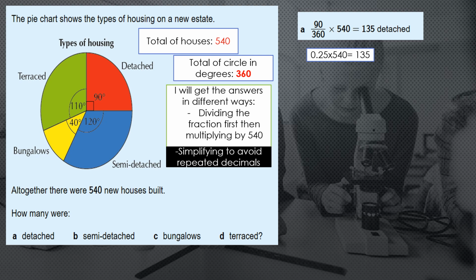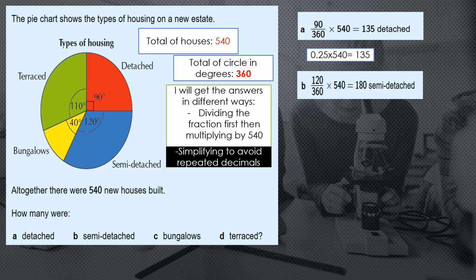Part B, semi-detached houses, is represented by the blue sector with an angle of 120 degrees. So to write it as a fraction, you say 120 out of its total 360, and then you multiply it by the total number of houses. 120 over 360 will give you a repeated decimal, 0.3333.